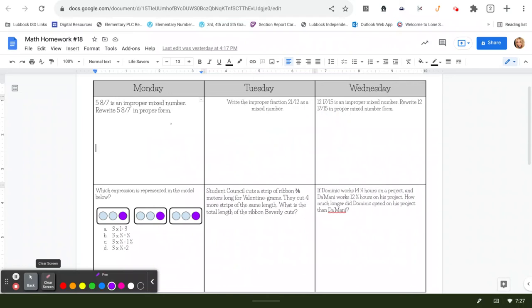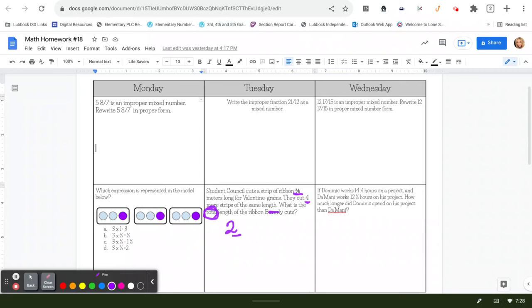Okay. Next says student council cuts a strip of ribbon 2/5 meters long for Valentine grams. They cut 4 more strips the same length. What is the total length of ribbon? Okay, this is multiplication.